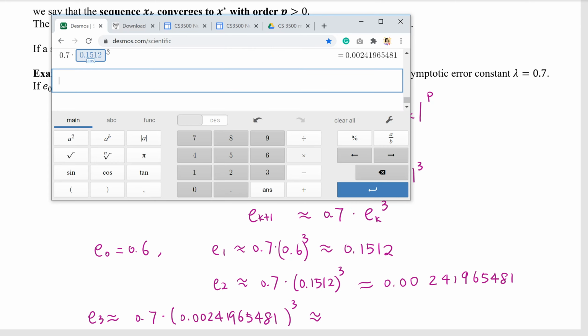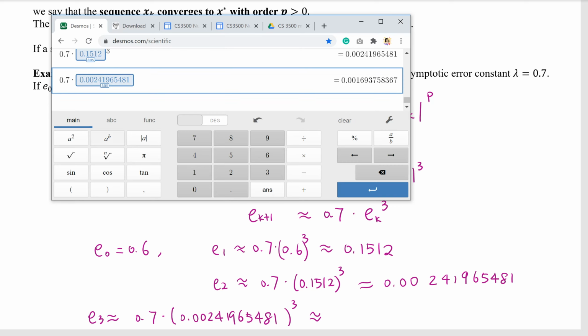Oh, I can't. But with your actual calculator, you can go back to the previous line and just enter it again, then you have the new answer. But here I need to type it again. Okay, answer cubed.